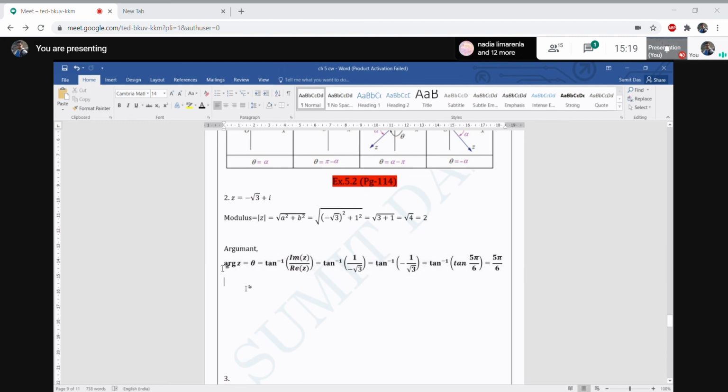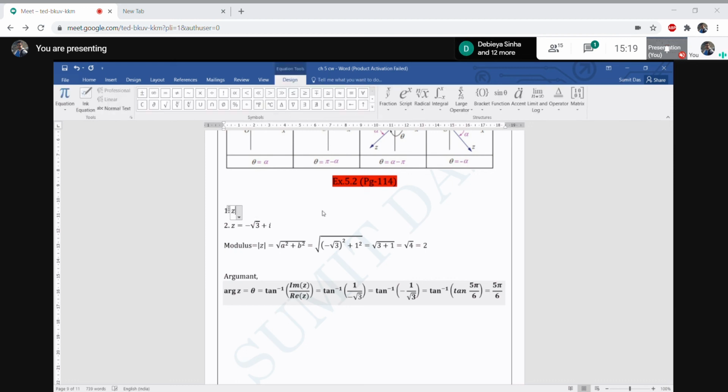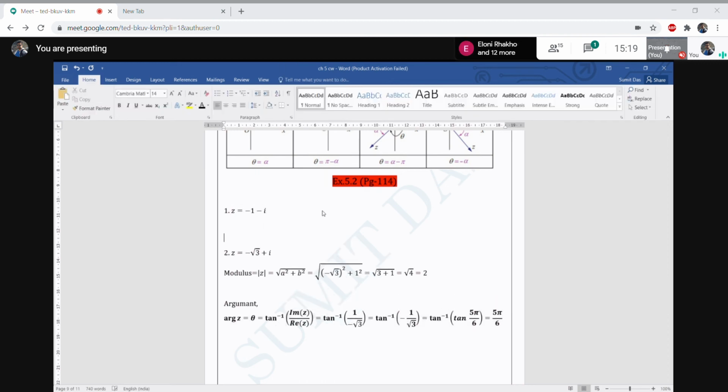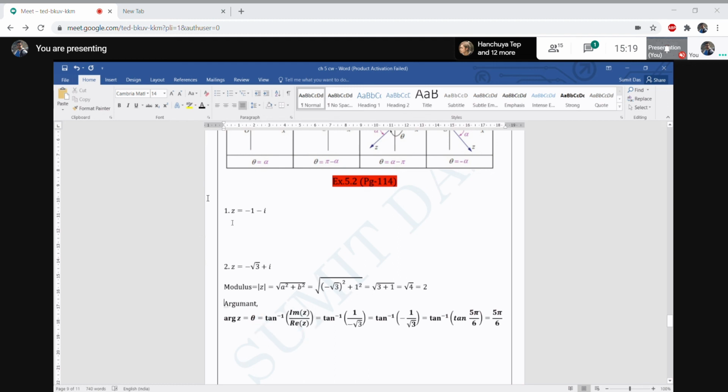Okay, so I feel this is a little bit complicated. So one easy method I am showing. Easy method, question number 1. Question number 1 is saying z equal to minus 1 minus i. You can do this question in the polar form.